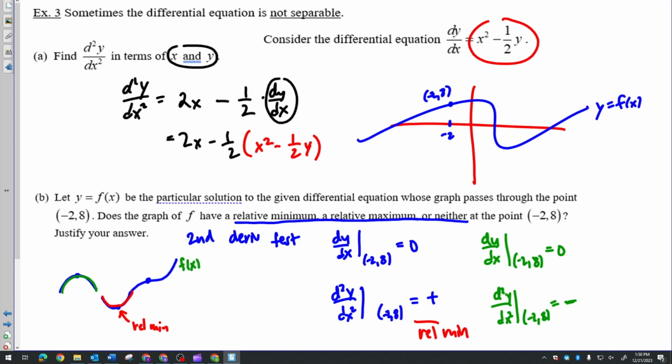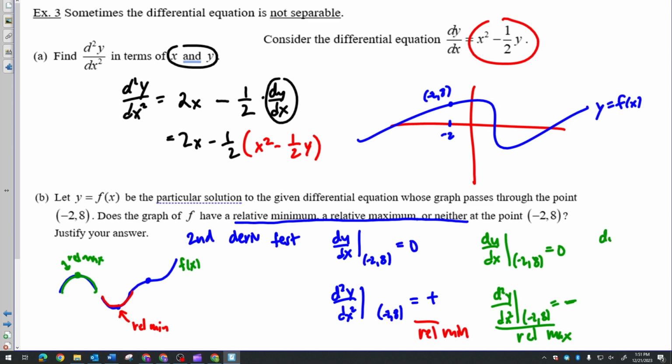It's concave down. And if you're concave down, and there's a slope of 0, then that's a relative max. You can also use your hands to see that when you're concave down, you're like a frown, you have a relative max up here. When you're concave up, you have a relative min. It's opposite of what you think.